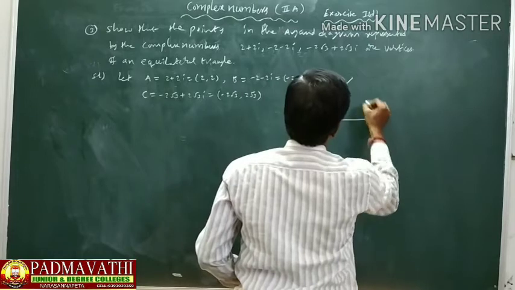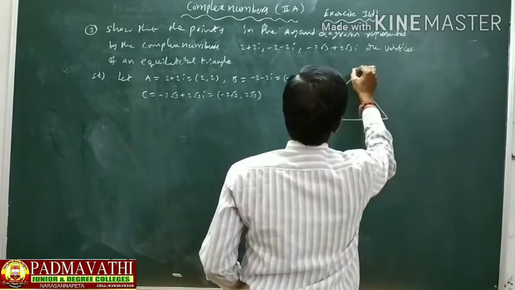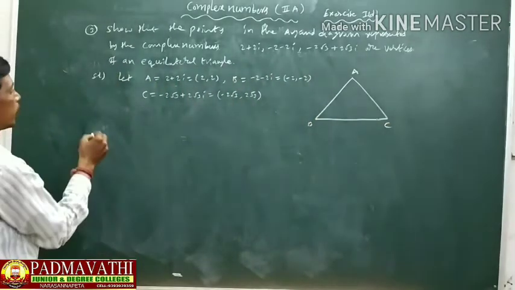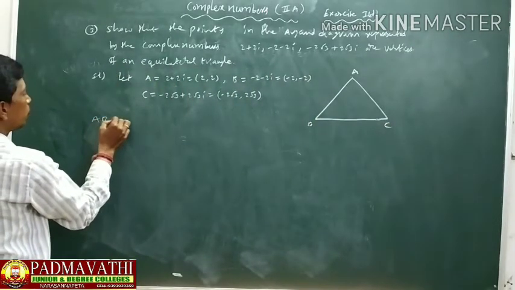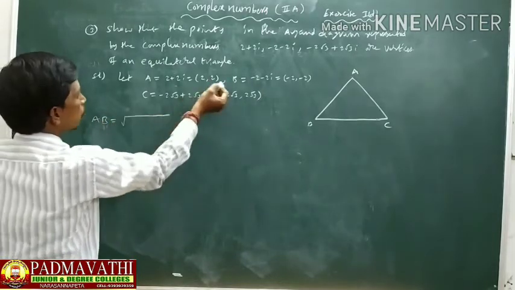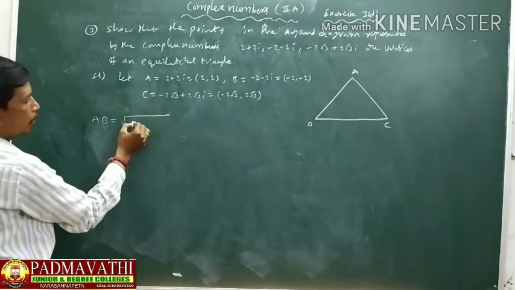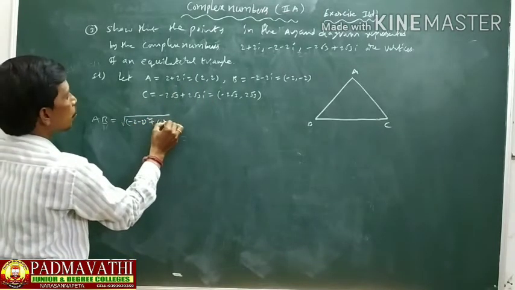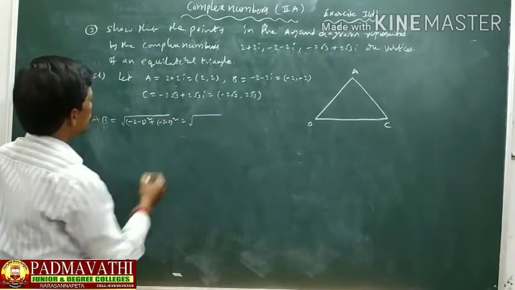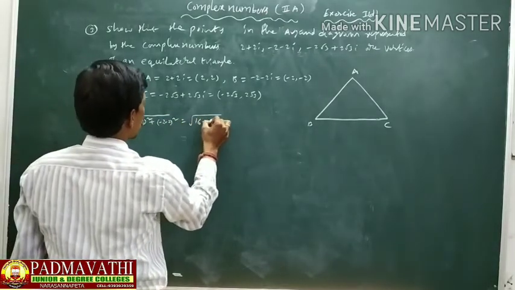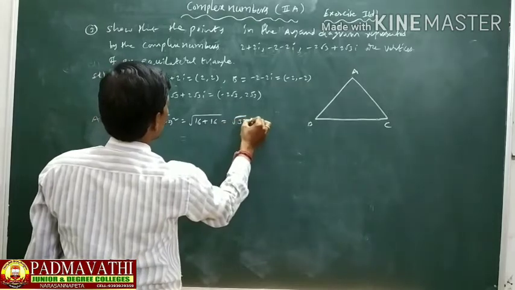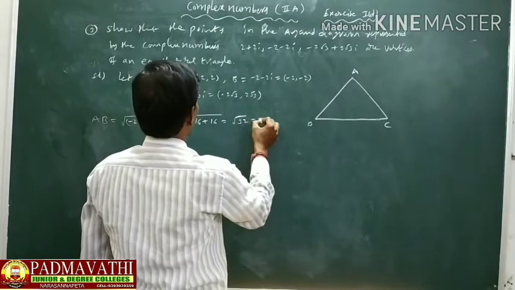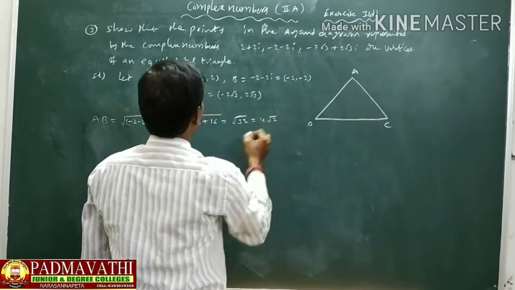First we find the sides of the triangle ABC. AB equals square root of (x2 minus x1) whole square plus (y2 minus y1) whole square, that is root of 4 square plus 4 square, 16 plus 16, root 32. The value of root 32 is 4 root 2.